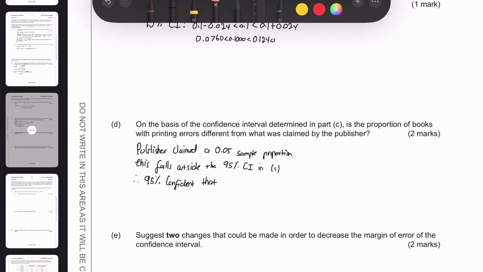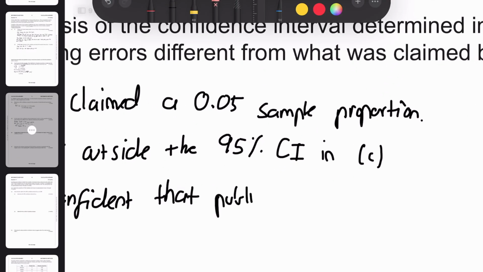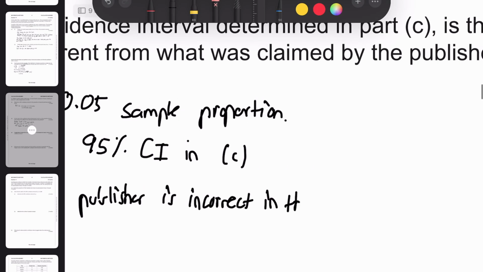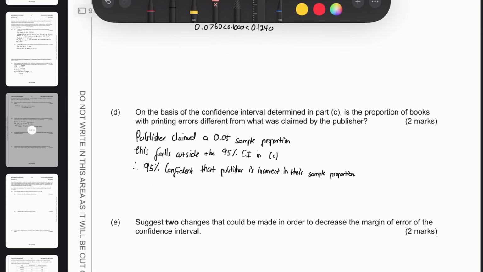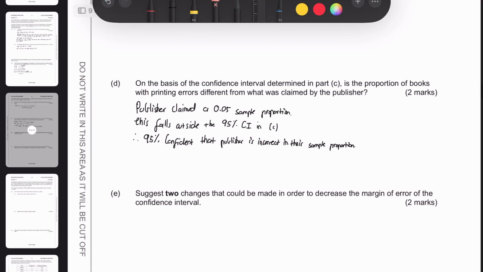Alright, 95% confident that the publisher is incorrect in his sample proportion. Now the marking key is a bit different here. It says this proportion is not within the confidence interval, so there is sufficient evidence to conclude that the claim of the publisher is incorrect at the 95% confidence level. Okay, yeah, same thing actually.